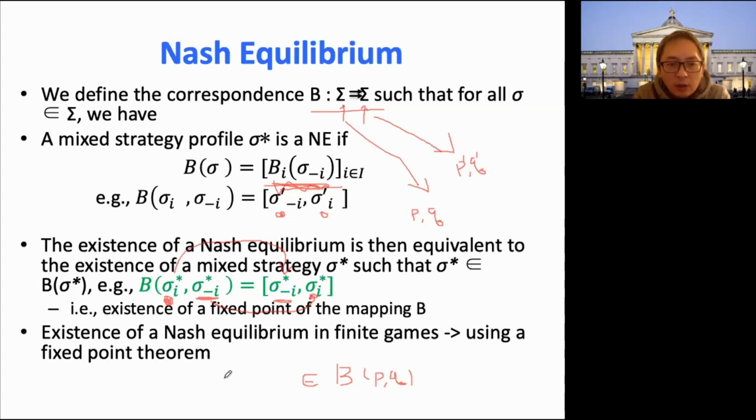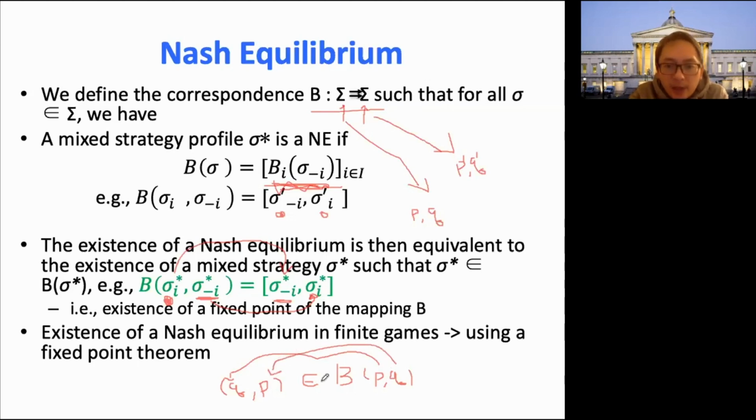Then you get a solution Q, P. I write in a different order just to reflect that P is the best response to Q, and Q is the best response to P.